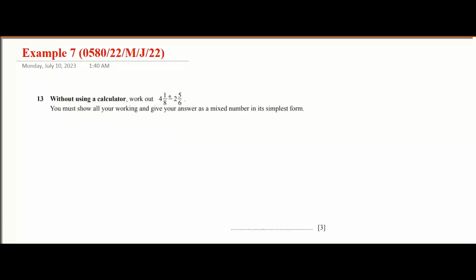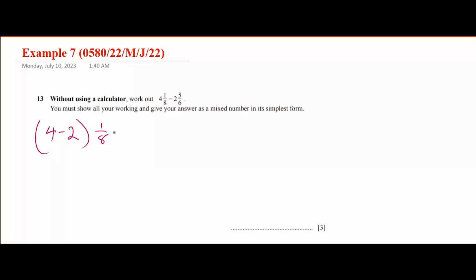Okay, so I'll subtract the whole numbers. 4 subtract 2, then I can put it in brackets. Then I have 1 out of 8, then subtract 5 out of 6. 4 subtract 2, that will be 2 whole. Then I can now use any method to solve this expression here. So let's use common denominator. So that will be 1 out of 8, that will be by 6 by 6.